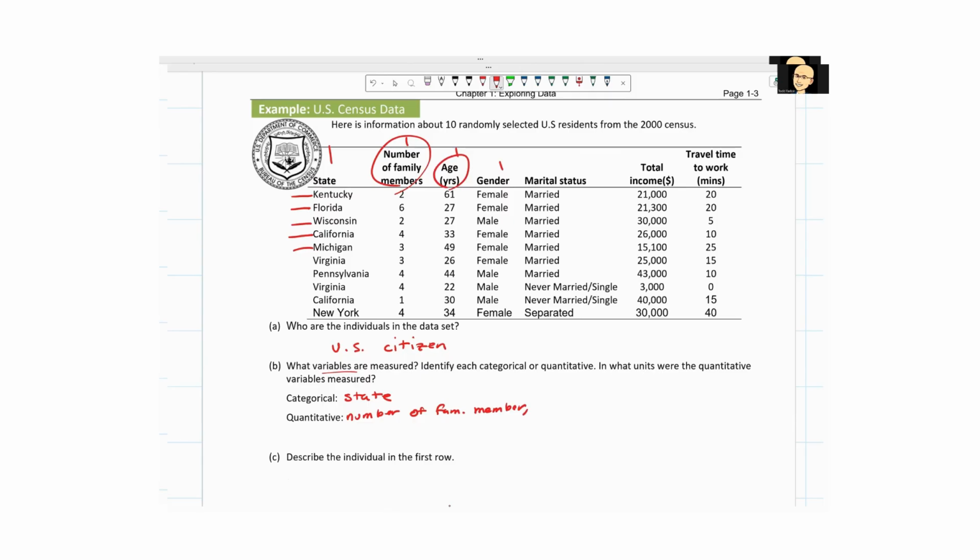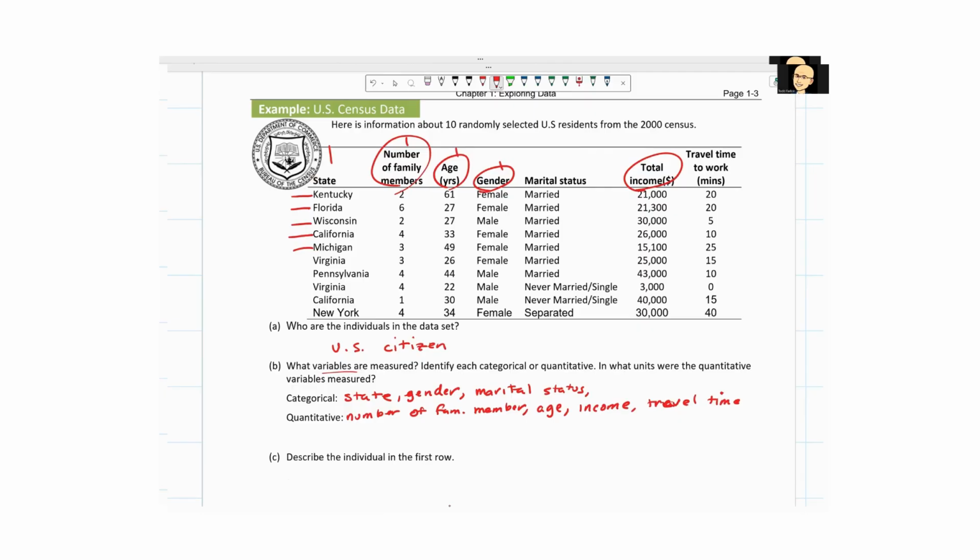Okay. What about age? Well, that's certainly quantitative. Gender, well, as we said before, that's categorical. Marital status, that's categorical. Okay, how about income? Income, that's quantitative. And travel time to work, that's quantitative.